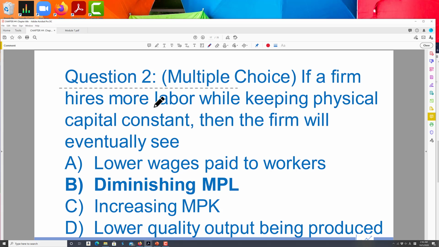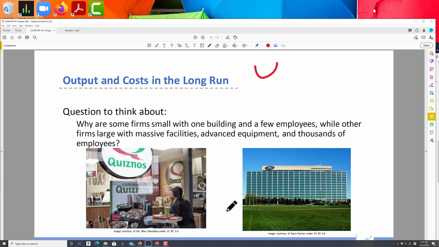If a firm hires more labor while keeping physical capital constant, then the firm will eventually see diminishing marginal product of labor. Okay? Increasing marginal product of capital? No. Marginal product of capital will also decline.